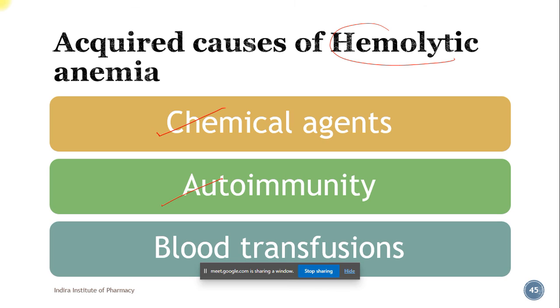But in case of autoimmunity, these B lymphocytes and T lymphocytes start recognizing our own cells as foreign cells, and they mount an immune response against them. So this is called autoimmunity. Okay, then the next acquired cause of hemolytic anemia is blood transfusions.